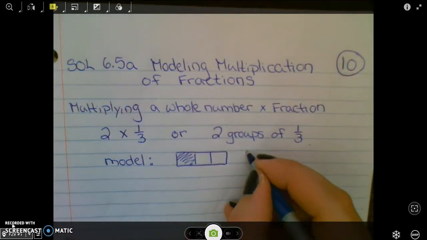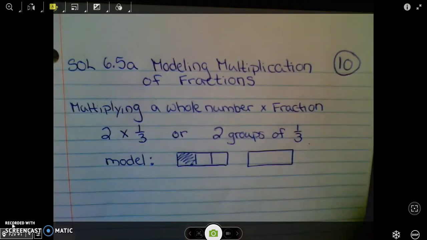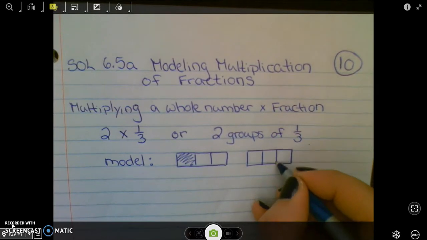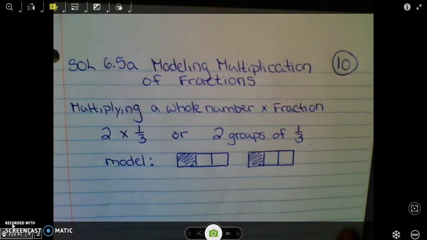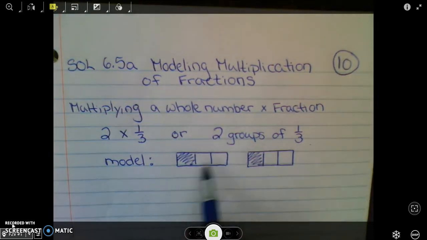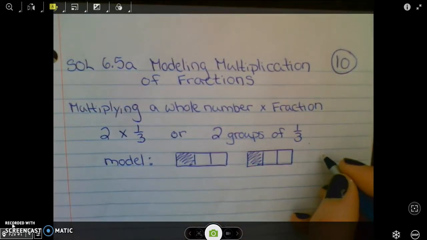And then we drew another rectangle, could be next to it, could be below it. We divided that into thirds, and again we shaded in another third. So 2 groups of 1/3, if I total the number that I have shaded, then I would have 2/3.